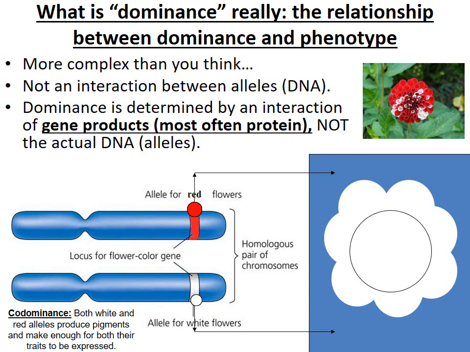Now let's say there was codominance. If we actually had codominance happening, and we had two different alleles, what that means is that both the alleles produce protein. The white one produces white pigment, the red one produces red pigment, and they both color the flower together.